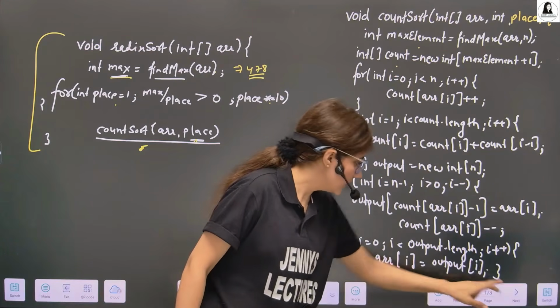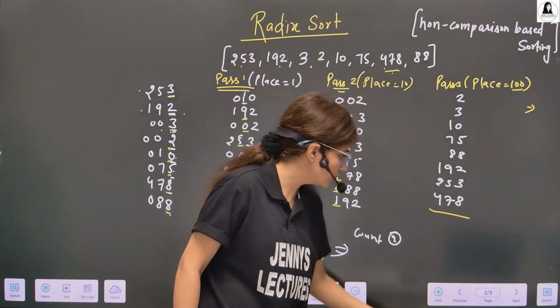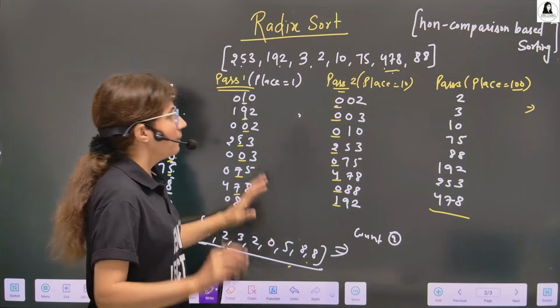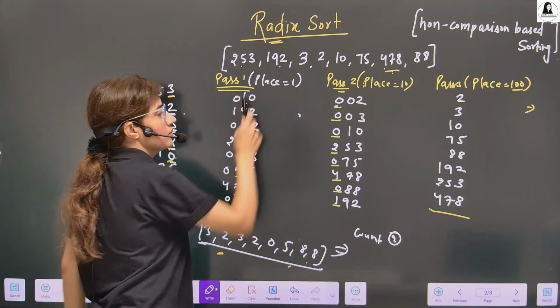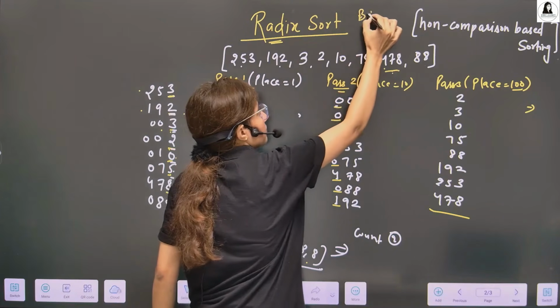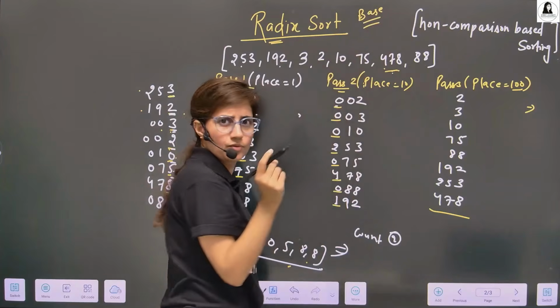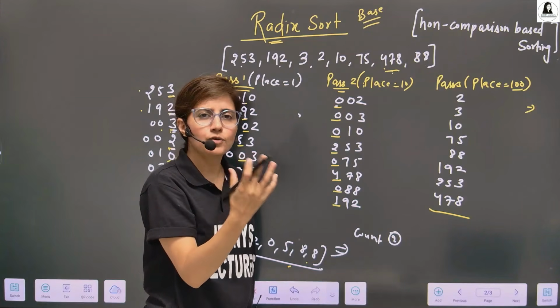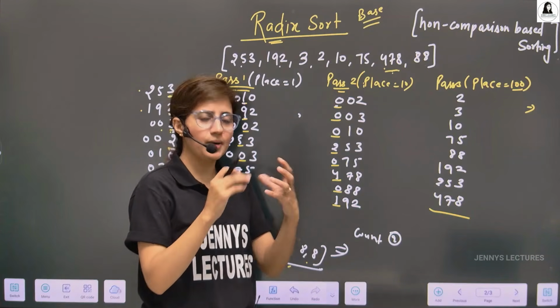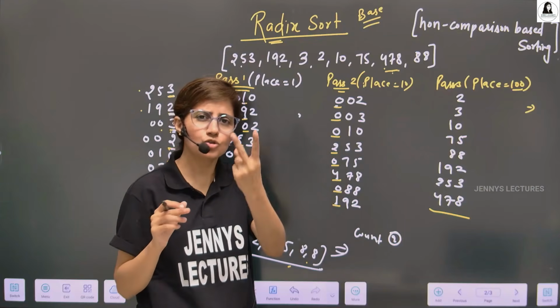But in this case, there is no such kind of drawback here, because see, radix means base as well. Radix is base itself. Base of what? In which number system you are working? If you are working in binary system, 0 1, so base is 2.